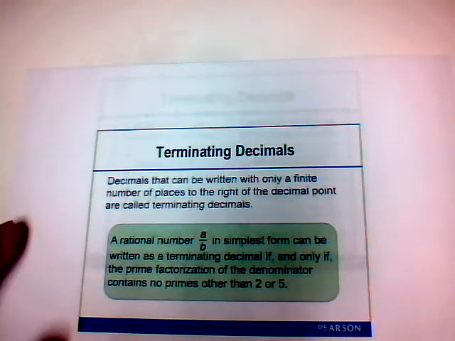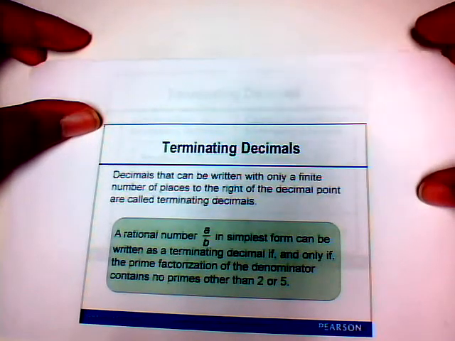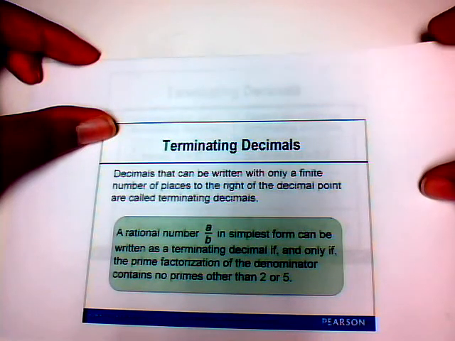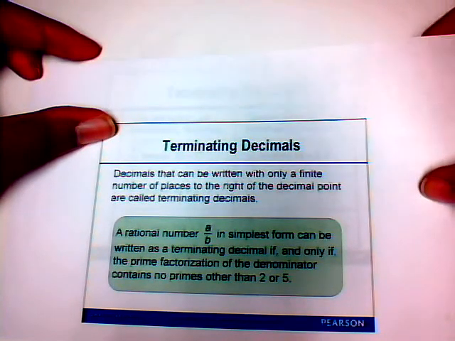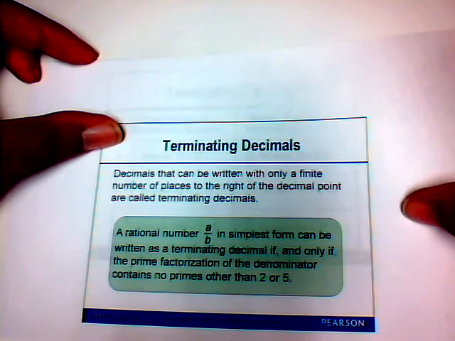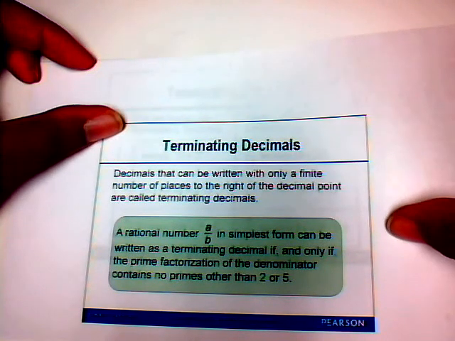All right, let's talk about terminating decimals. The ones that we just did were all terminating decimals. Decimals that can be written with only a finite number of places to the right of the decimal point are called terminating decimals. A rational number, a over b in simplest form, can be written as a terminating decimal if and only if the prime factorization of the denominator contains no primes other than 2 or 5.